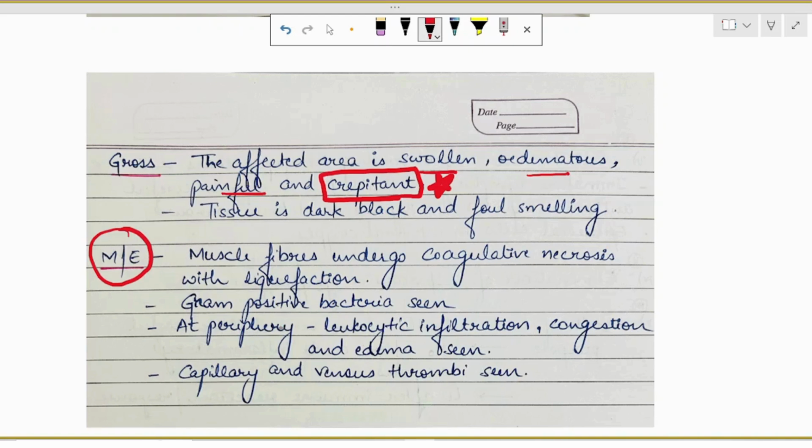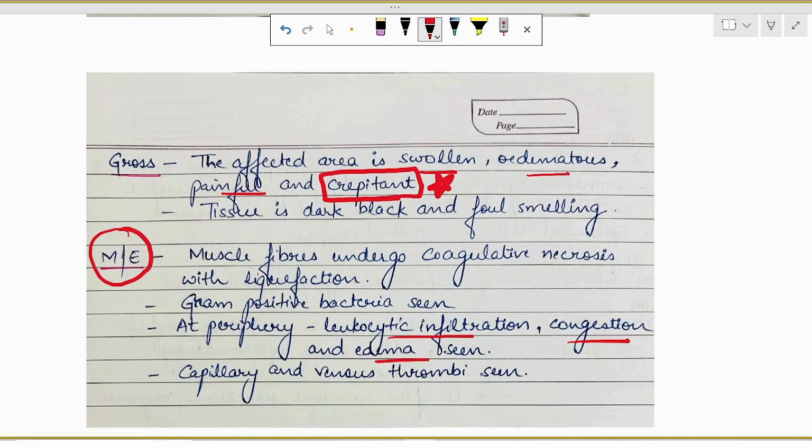It is caused by the gram positive bacteria Clostridia, and gram positive bacteria will be seen on microscopy. At the periphery, leukocytic infiltration will be there, congestion and edema will be seen, and capillary and venous thrombi are seen.